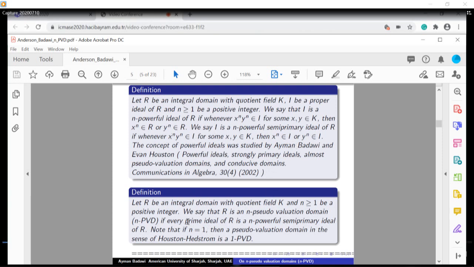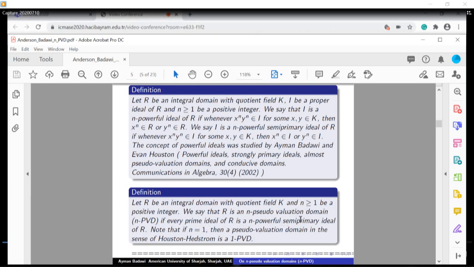If you have a prime ideal I, and you have x^n, y^n in the prime ideal for some x and y in K, then x^n has to be in I, or y^n has to be in I. Also you have to pay attention here: n-pseudo valuation domain means we fix an n, then we ask every prime ideal to be an n-powerful semi-primary ideal.